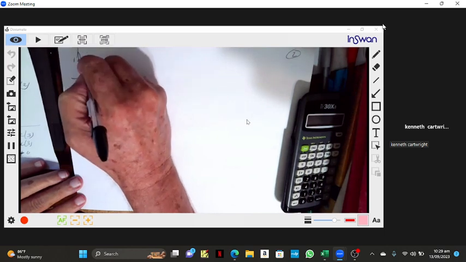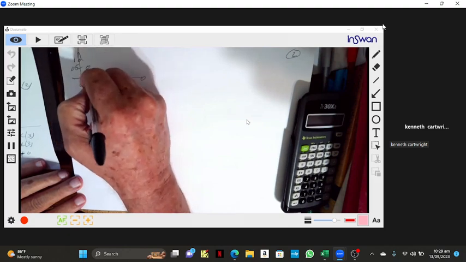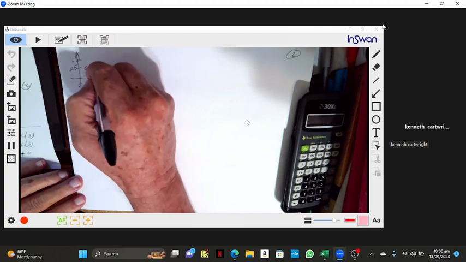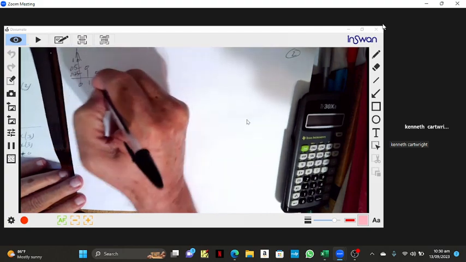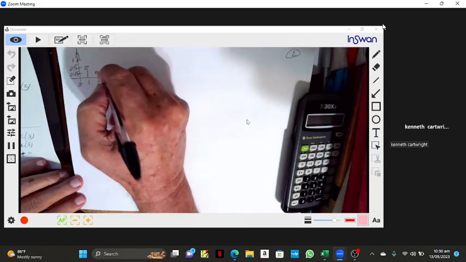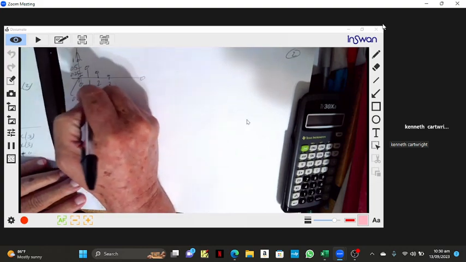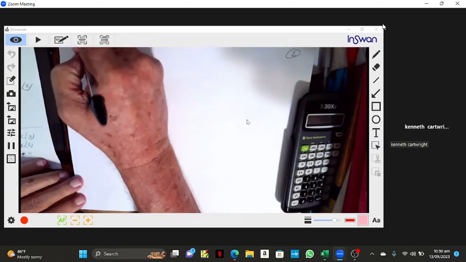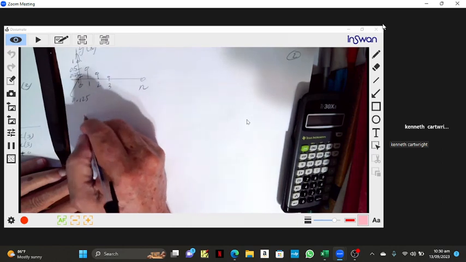This 0.5, this 0.25, and there's 0.125. It's here. Then, okay, and this is y of n. And here's x of n.